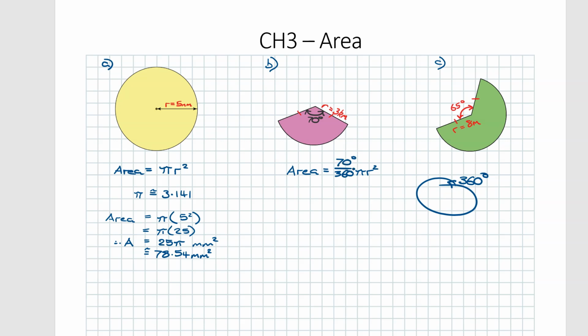This tells us how much of the circle we actually have. If we want a more general form, we can write theta on top of 360, where theta refers to this angle here.